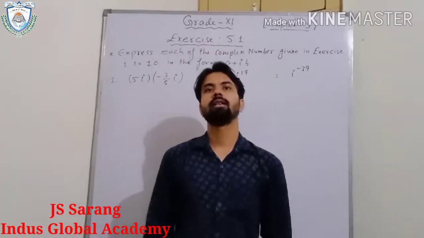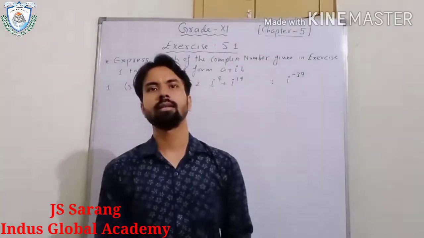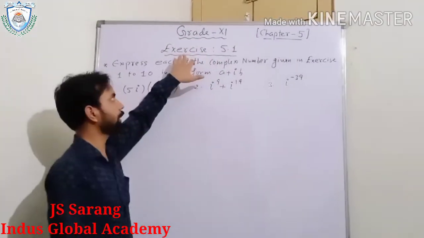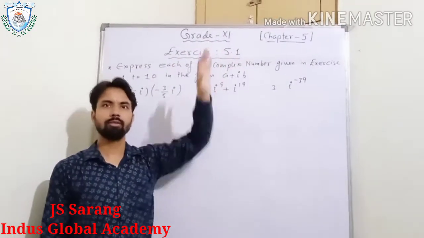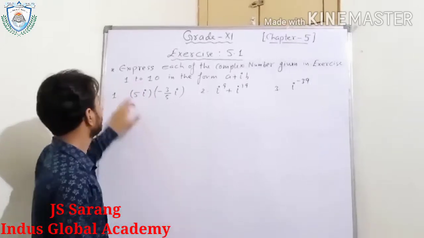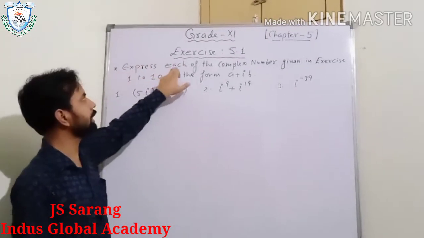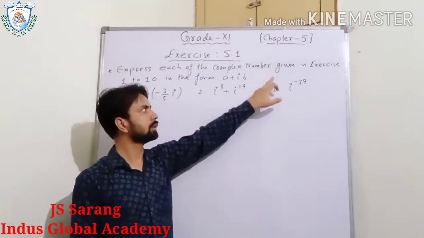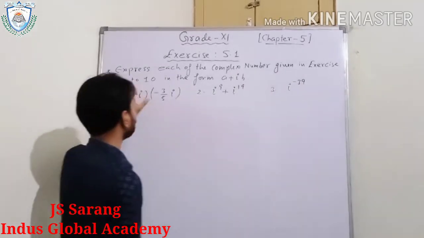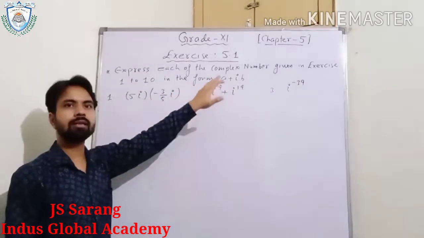Okay, students. Now I am going to start the very first exercise of this chapter, exercise 5.1. Here the question is: express each of the complex numbers given in exercise 1 to 10 in the form a plus ib.